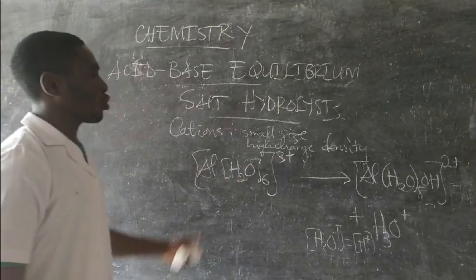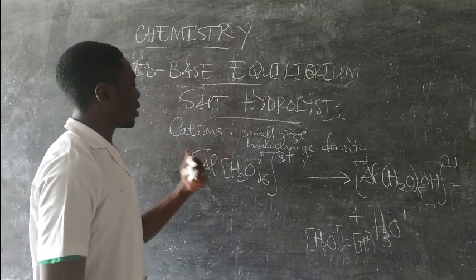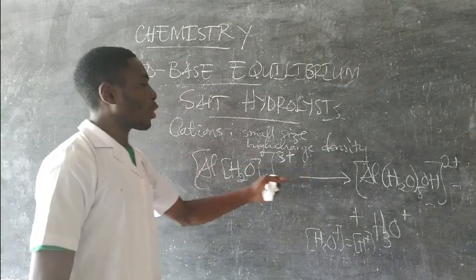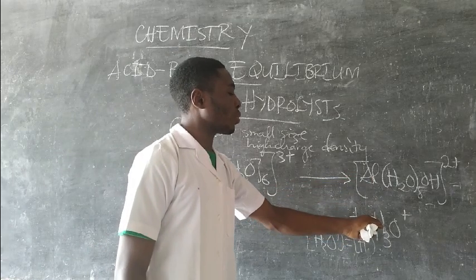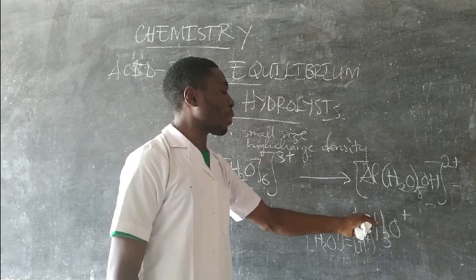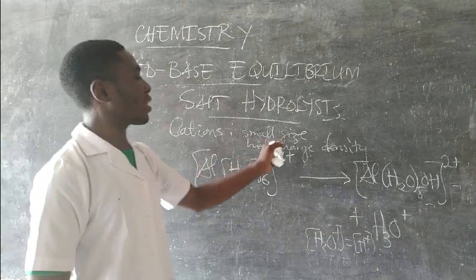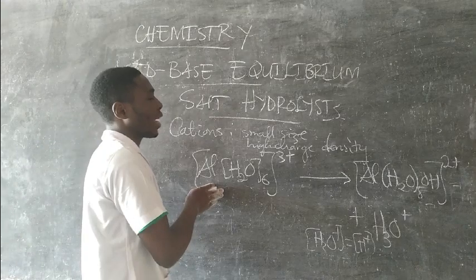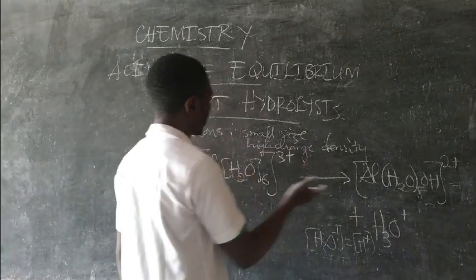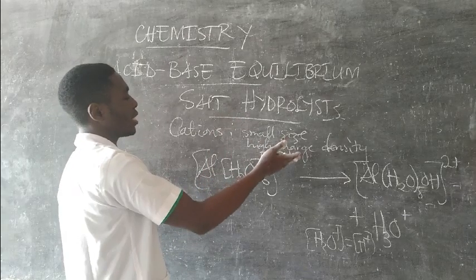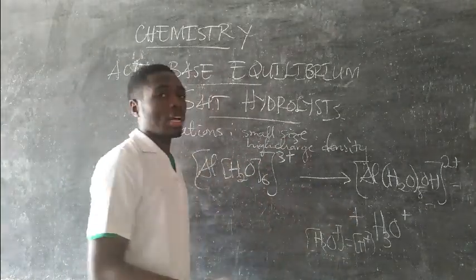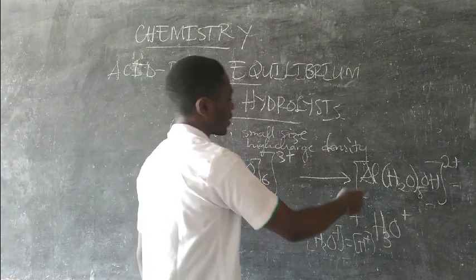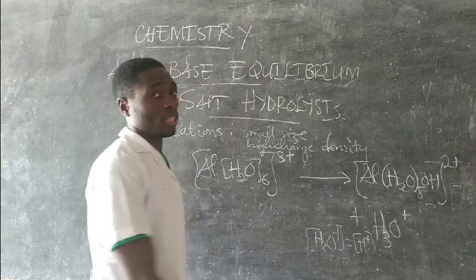So we see that cations with small size and very high charge density are going to form acidic solutions. In this case it is aluminium. So they will always ask, why is a solution of aluminium chloride acidic? This is the reason: aluminium has a very small size and high charge density, which enables it to polarize the water molecule to produce H plus and OH. The OH remains intact while the H plus is released in solution to form an acidic solution.